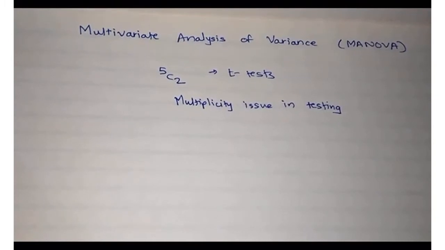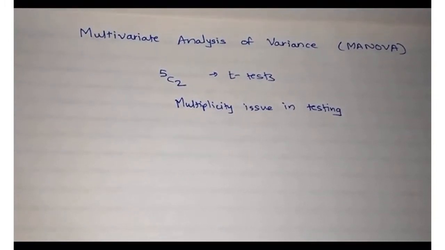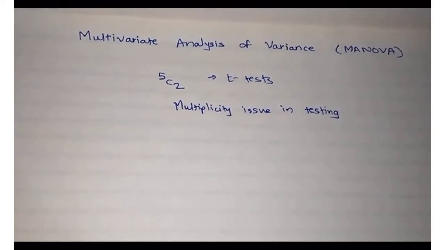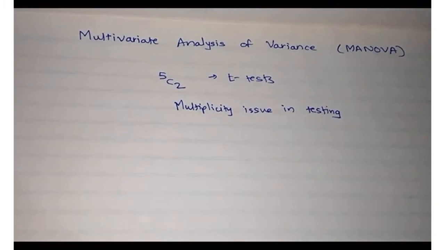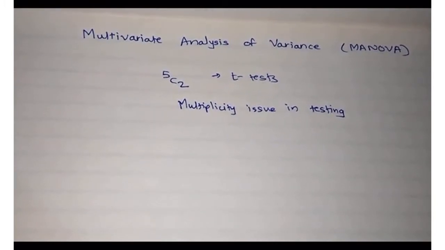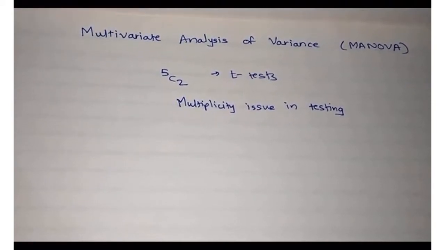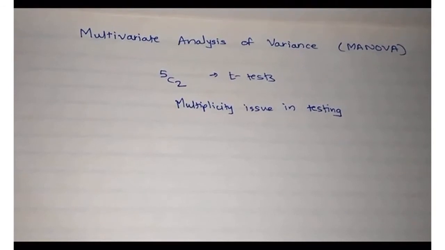What I mean is, if I carry out 100 tests, then we know that out of these 100 tests, we would be committing type 1 error in roughly 5% of the tests. That is, roughly 5 times out of 100, my conclusion is going to be wrong. If I carry out 1000 tests instead of 100 tests, then roughly 50 times I would be committing error.